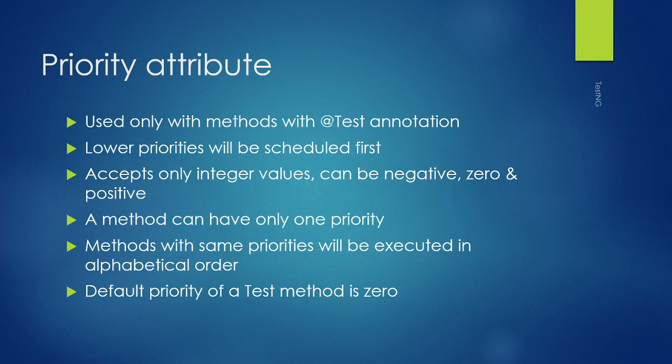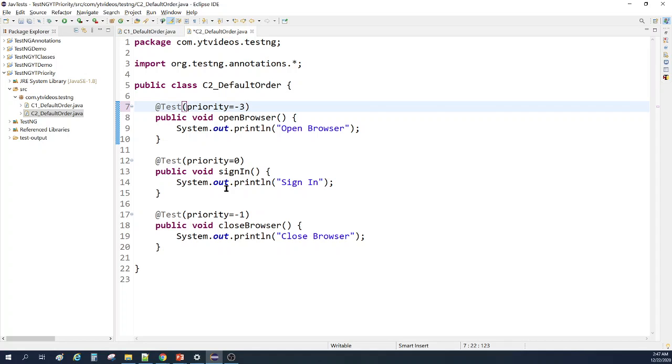Let's go back to the point. We saw that we cannot have multiple priorities for a method. Next is that methods with the same priority will be executed in alphabetical order. This is again interesting. I have taken all the edge cases that are possible with the priority attribute. Let's check for duplicate priority. We checked for multiple priorities, but now we are going to check for duplicate priorities.